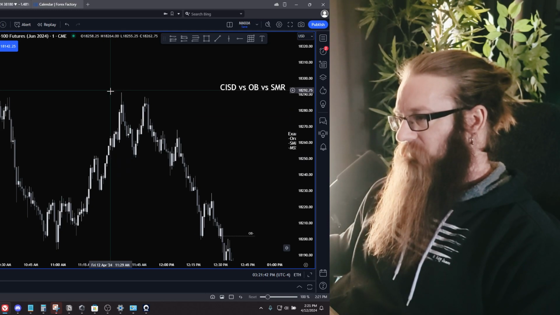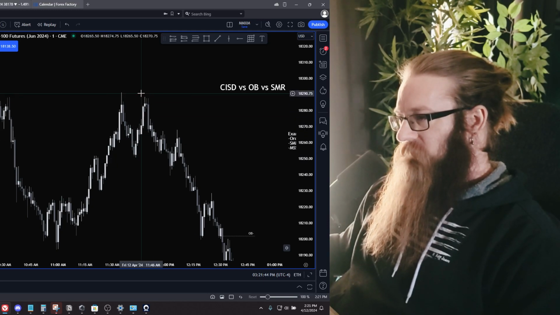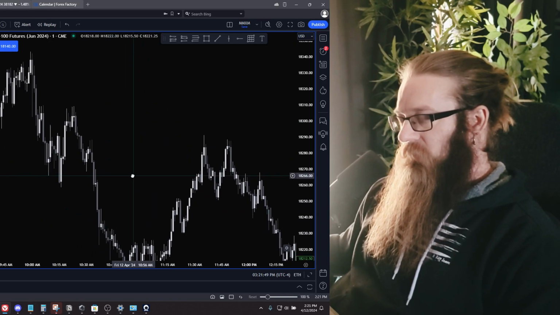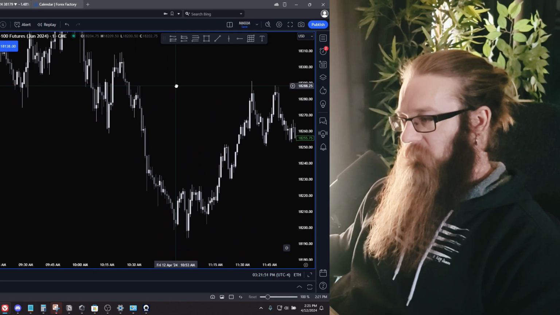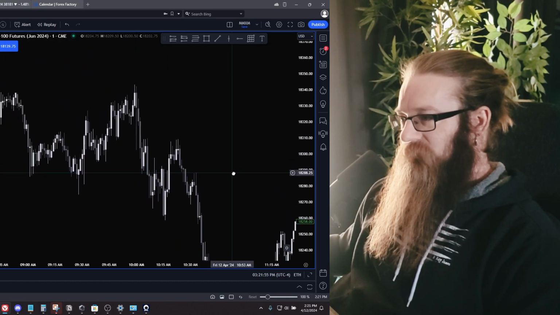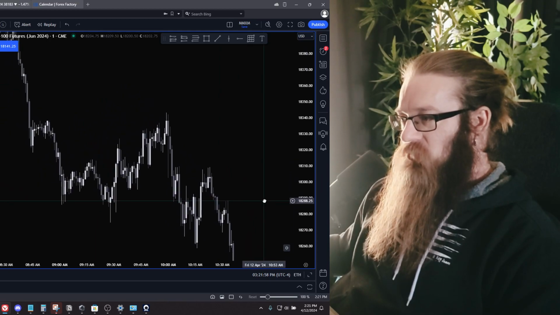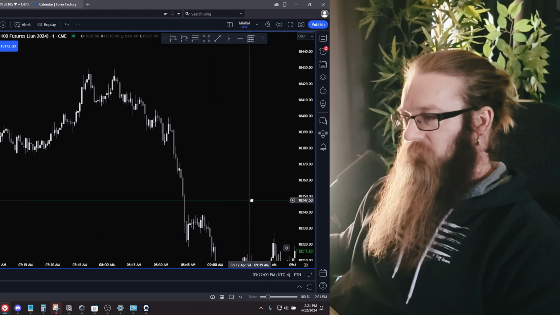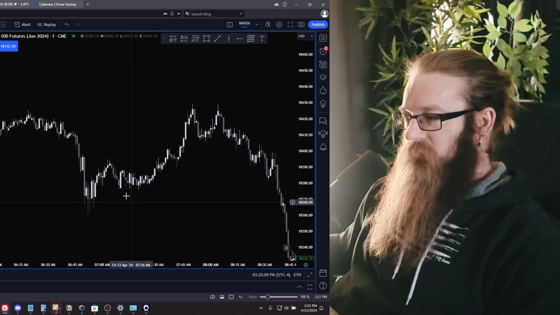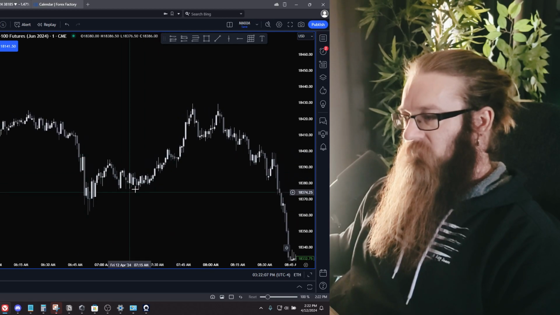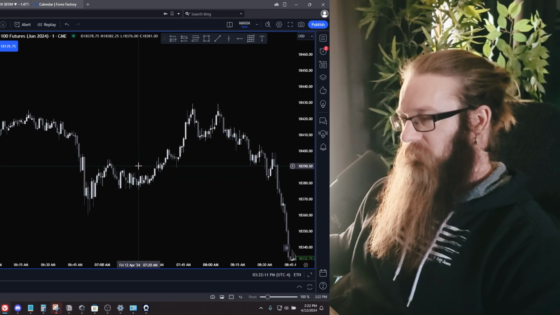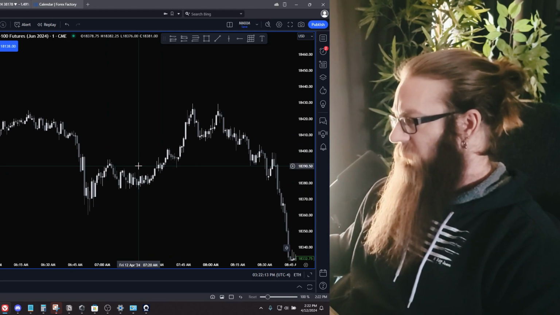Let's see. That one was kind of ugly, honestly, but... And there was no SMT there. I remember that. Maybe... This one, there is a market structure shift in here, but it's not the kind that I like.